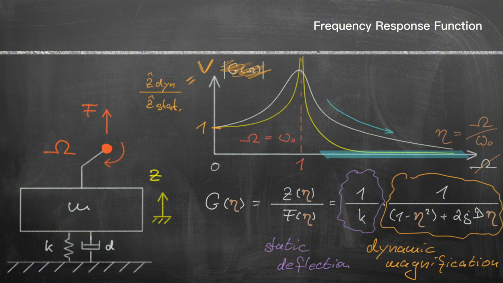With this, the frequency response function magnitude plot starts at 1 for capital omega equals 0, because this is the quasi-static case. The qualitative behavior remains the same. Only the scaling changes, and we obtain the information of how much more strongly the system will oscillate due to the dynamics compared to the purely static loading with the same force amplitudes.